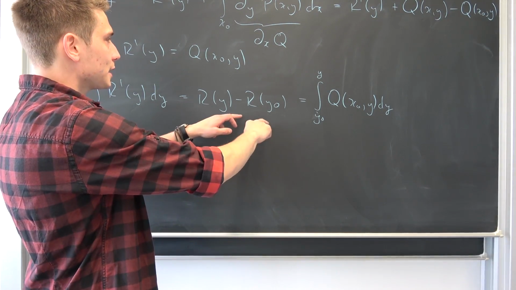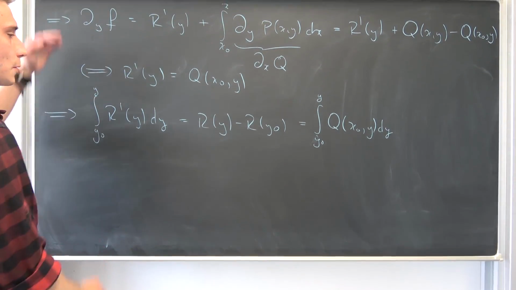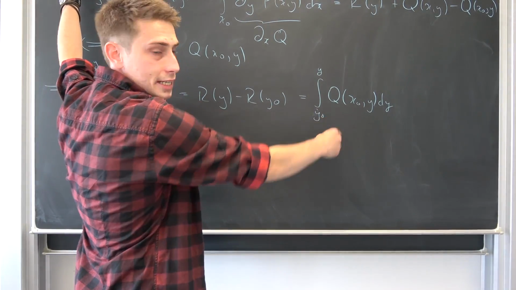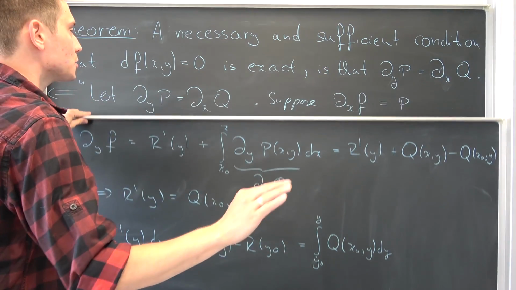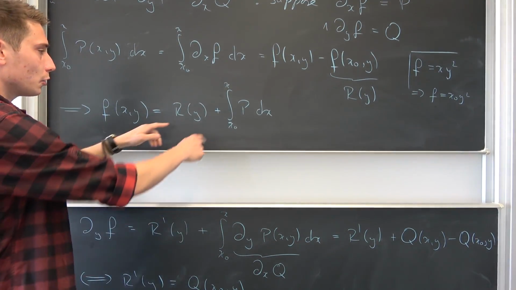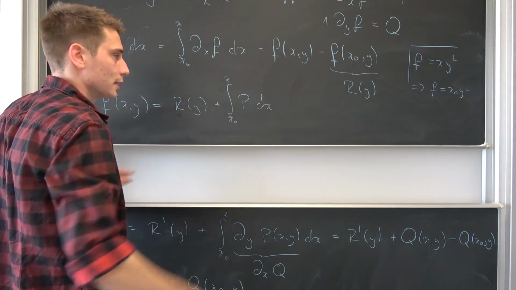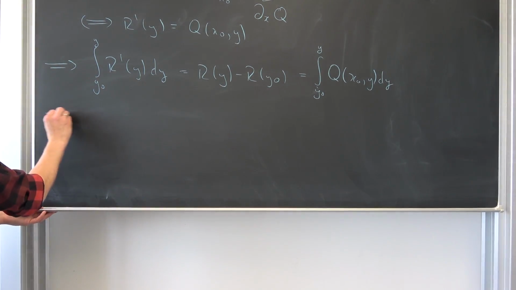Now, it's kind of a lot of stuff we have to go through here. We can actually bring this to the other side if we want, but we also know what r of y actually is. We have found it out before. R of y is nothing but f minus this right here. So we can plug this in.